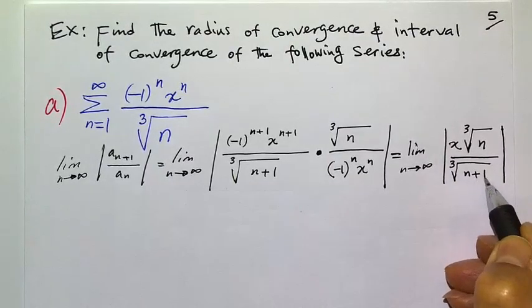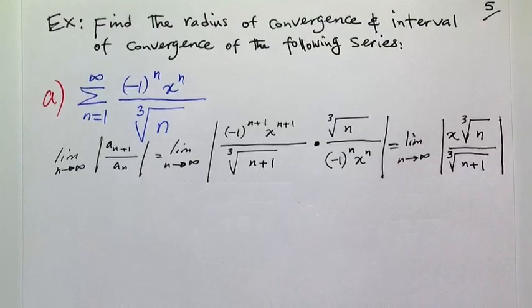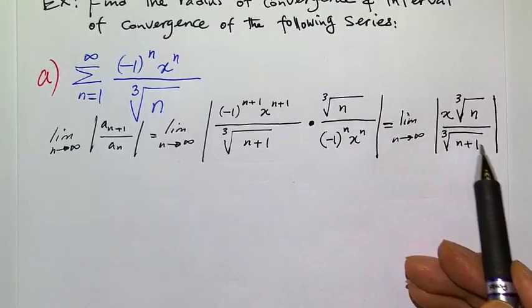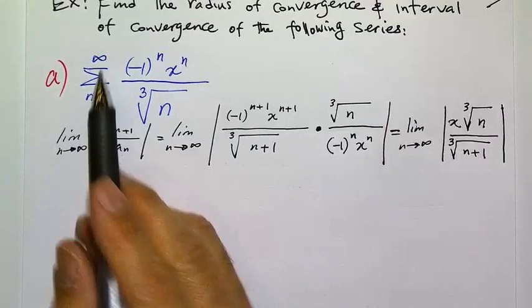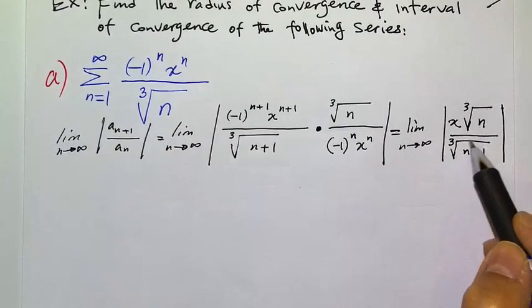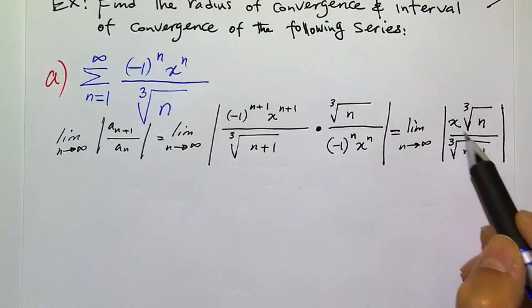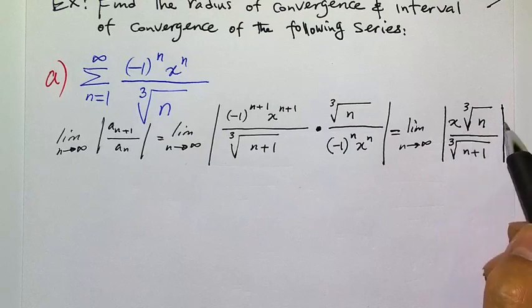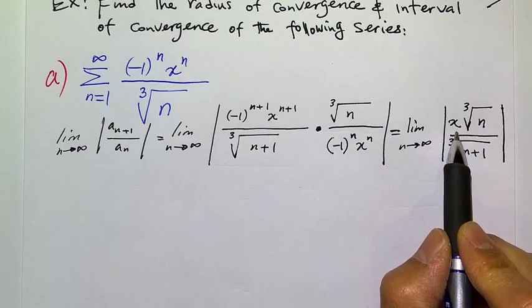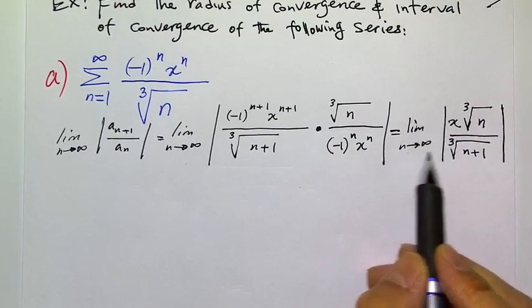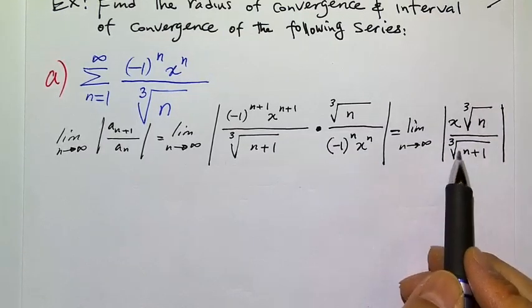Okay. All right, so now, notice that n starts from 1 to infinity, so the only term here within the absolute value for which we have to keep the absolute value is just this x. And the limit applies only to those terms that have n in them.